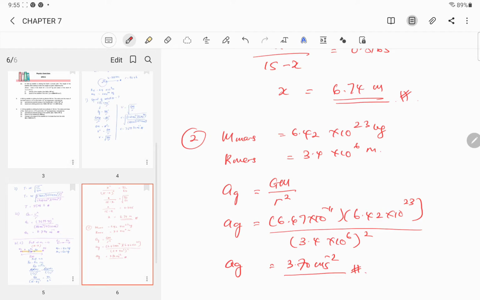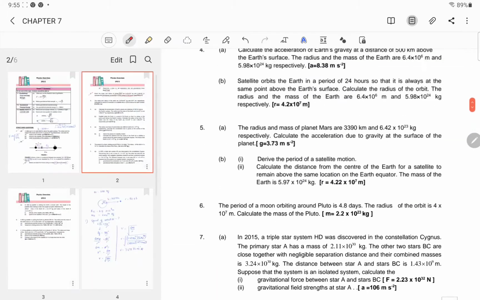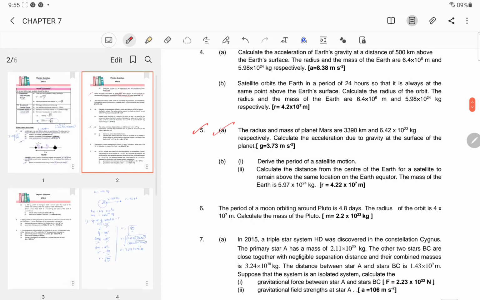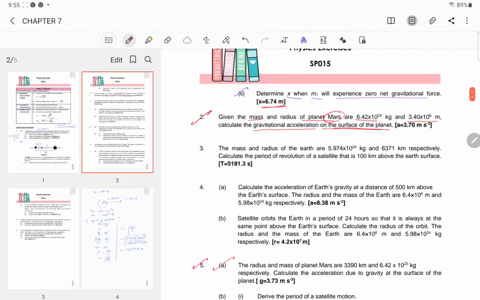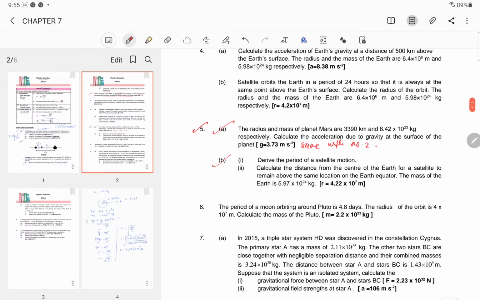Okay, as simple as that. Alright, so dah number 2. Okay, number 5A ni sebenarnya sama saja dengan soalan mana? Soalan number 2 tadi. Same with number 2.